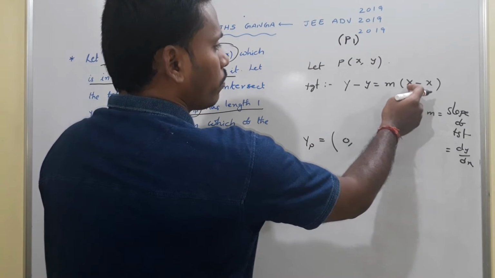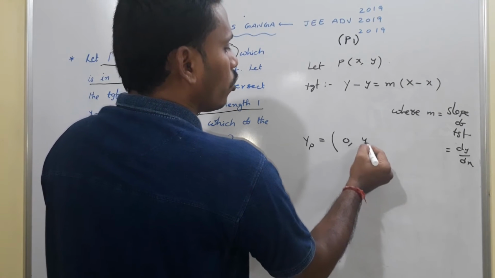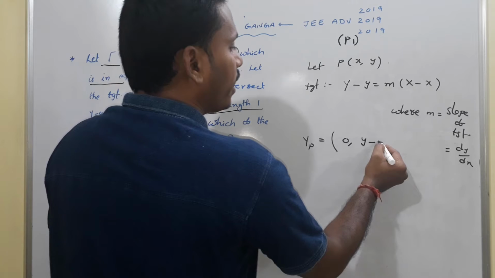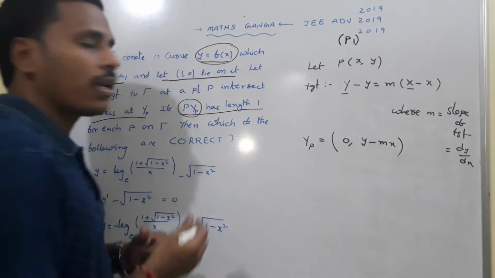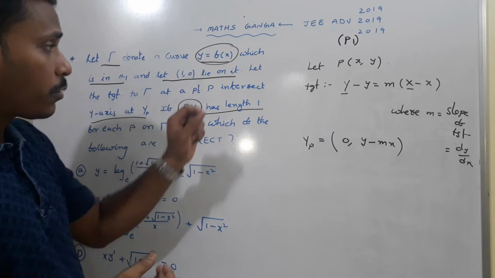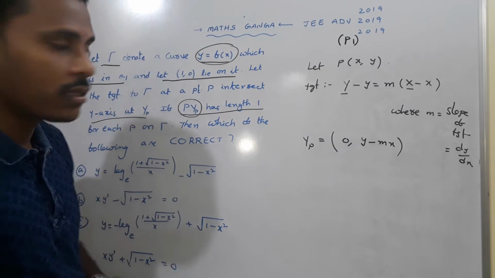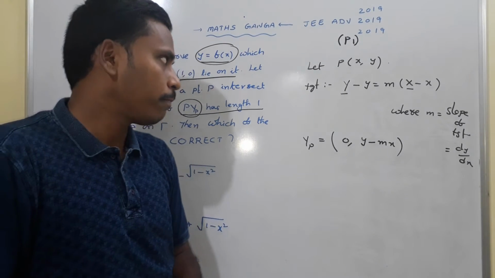Y will be minus m x and then plus y, so that will be y minus m x. So the coordinates of YP are (0, y minus m x).